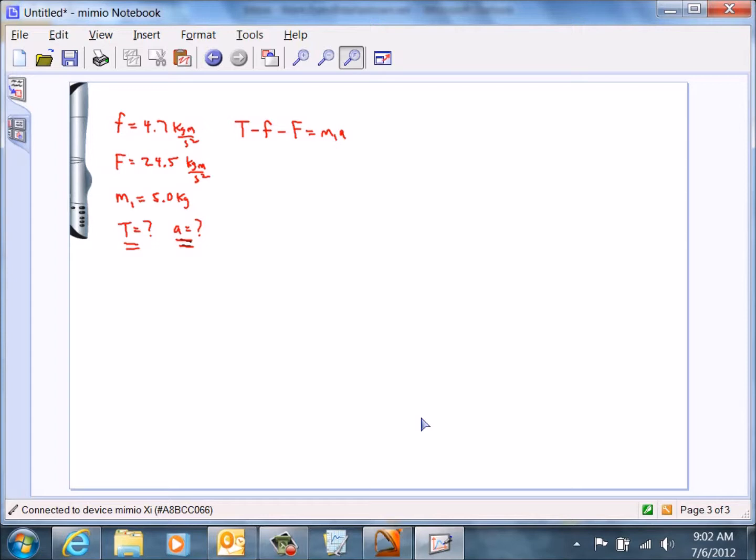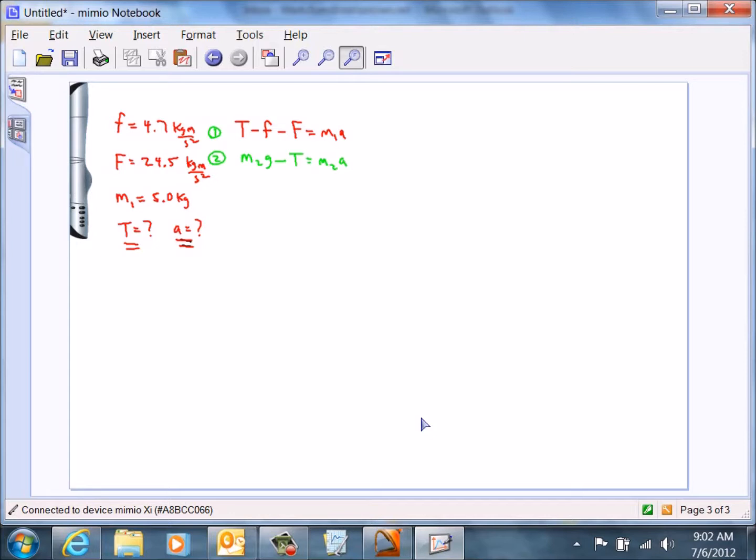So you can't solve this problem as it is. I need to give you more information. I need to give you a second equation. So let's call the equation you already have equation number 1. I need to give you equation number 2. And equation number 2 says that M2G minus T is equal to M2A. Notice the second equation has the same two unknowns, T and A, in it as the first equation.